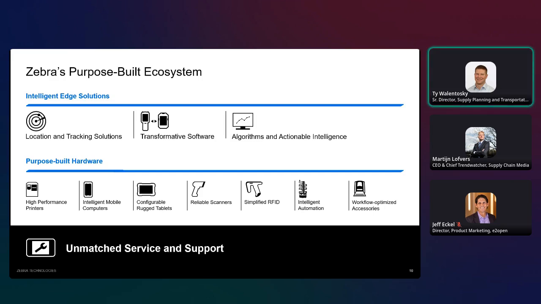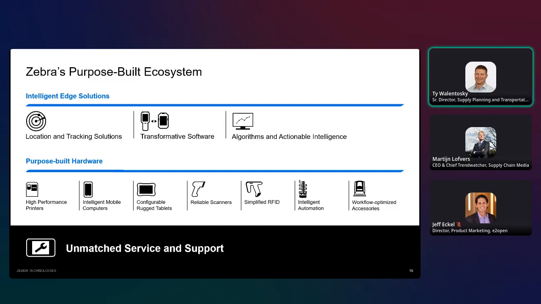So we have many different product types and form factors that we're managing through our supply chain. The first here on the left are our printers, right? These come in different forms, all the way from very large tabletop industrial printers, and we have desktop printers, and down to smaller mobile printers.